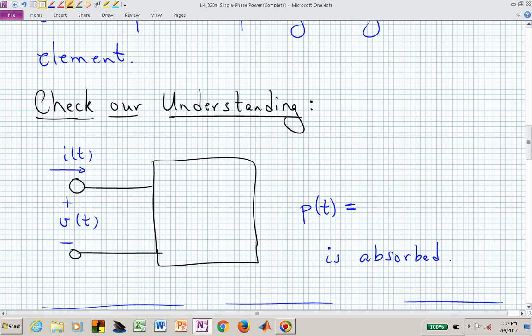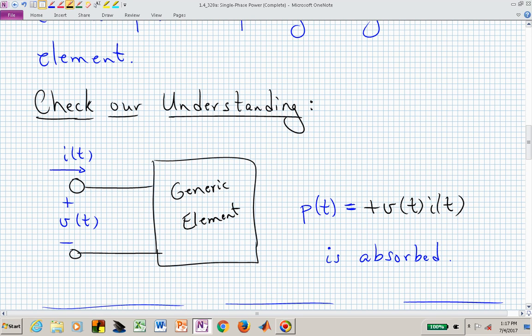If this is now our generic element, and we're confronted with a current I going to the right, and we have polarity labeled plus to minus from the top terminal to the bottom terminal, then P of t, defining the power of that element, and we'll be talking about instantaneous power, average power, reactive power, but here it's just the instantaneous power, is now positive V of t times I of t.